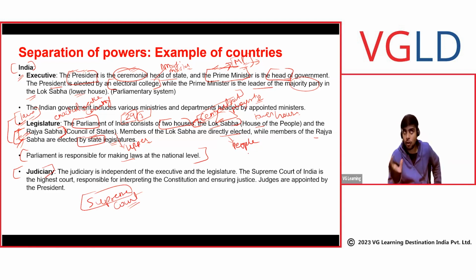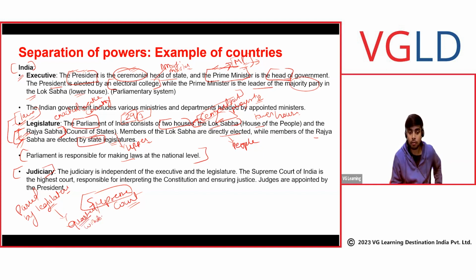In India and also in the US, it is possible that if a law is passed by the legislature, or let's say Parliament, it can be quashed, or rejected. I should not say withdrawn, I should say rejected by the Supreme Court.